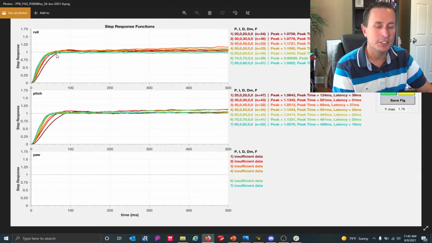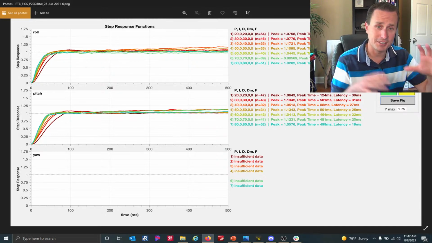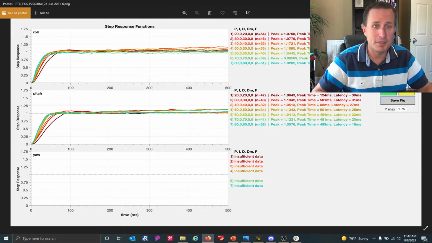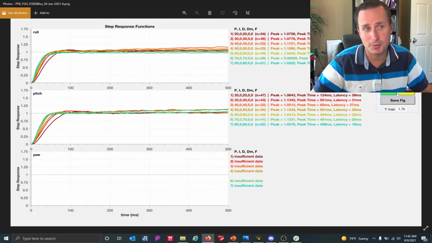Is that when you increase your P and D gains together, or your PIDs, and you move them all together, that it's not going to mess up your step response. So in this test here, I just zeroed out the I term. Ideally, we'd move all these up together all at the same time.